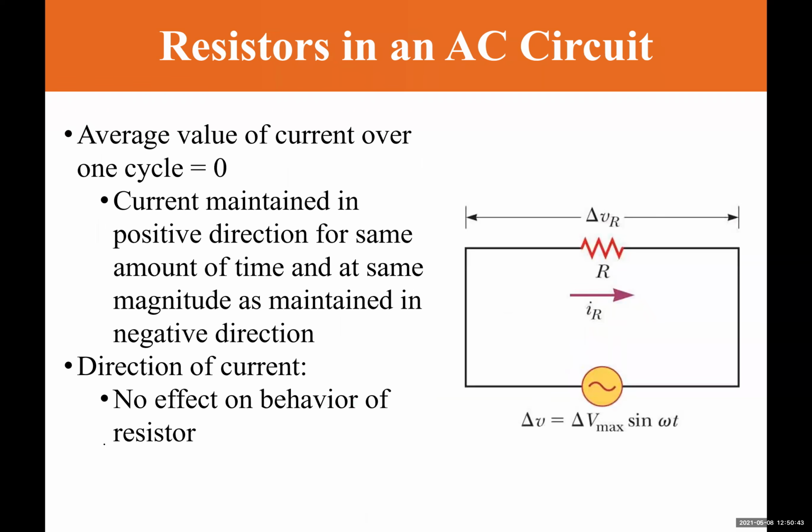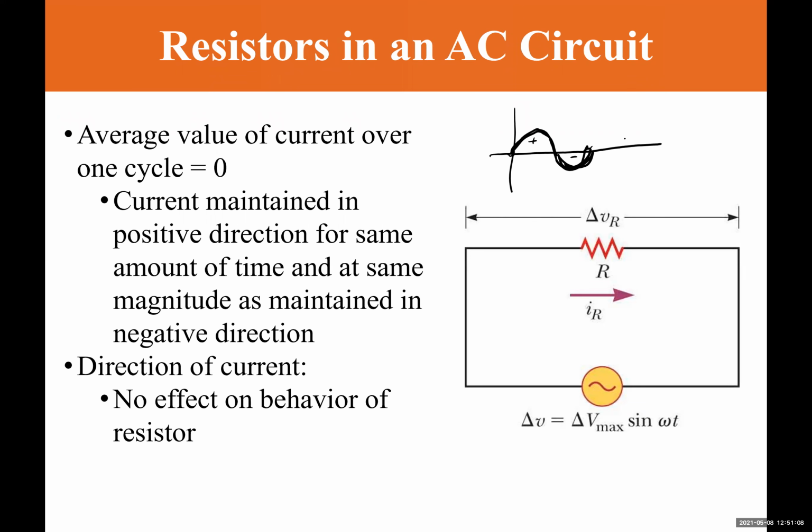All right, so let's see what we have. The average value of current over one cycle equals 0, because you go like this and you come back. So you can think of it like this: the current is maintained in the positive direction for a certain amount of time, and then you have the same amount of time with the current in the negative direction.